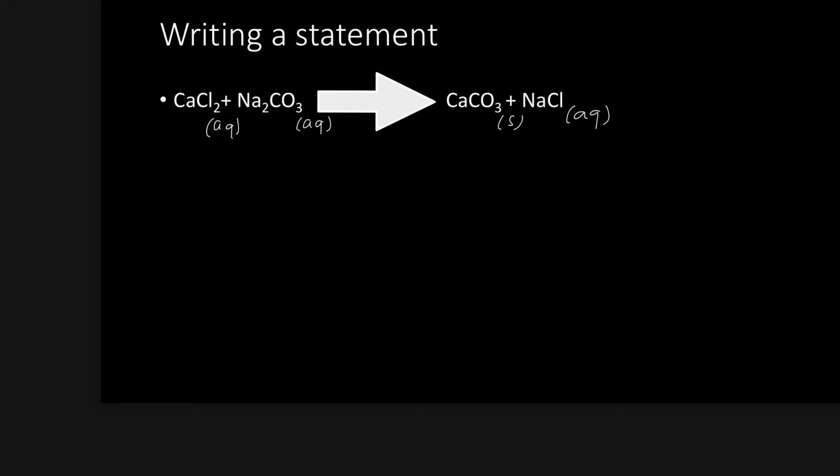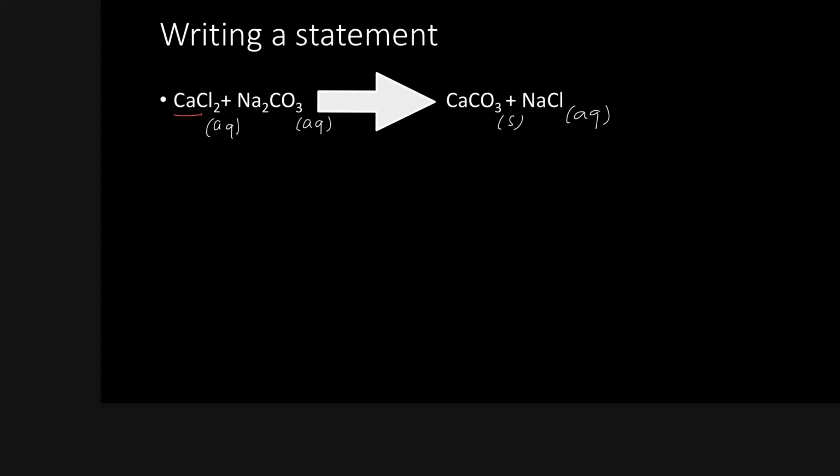And so writing these statements is actually pretty simple as long as you know how to write names from a chemical formula. So let's start with your reactants. Your reactant is calcium chloride. How do I know this? Because you know Ca is calcium and Cl is chlorine, but because it is a non-metal, you will change its name to chloride.